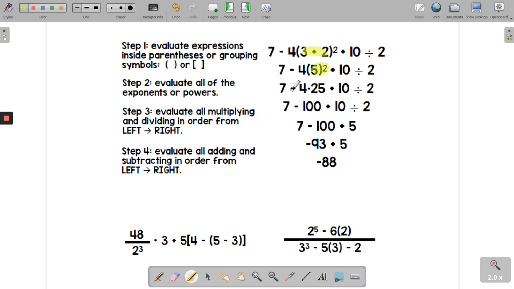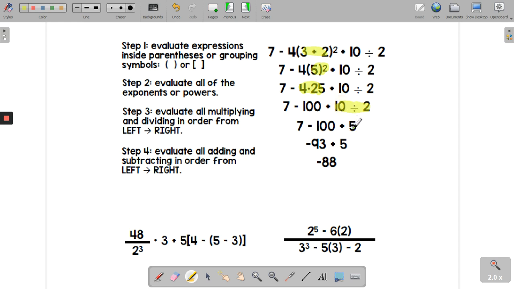Then after exponents comes multiplication and division, and we go from left to right. The first thing we have for multiplication and division is 4 times 25. 4 times 25 gives us 100. Then we do the same thing, and we have 10 divided by 2, and that gives us 5.